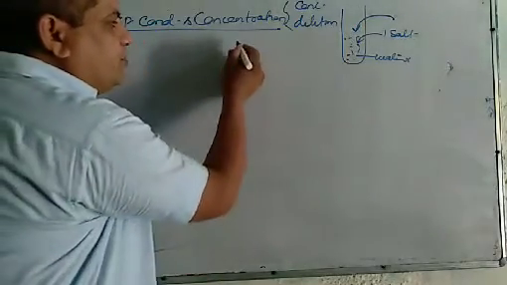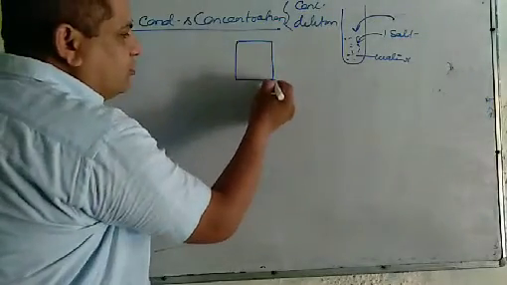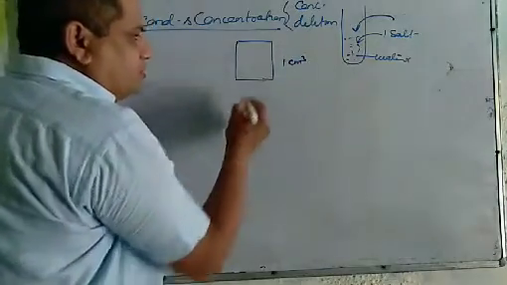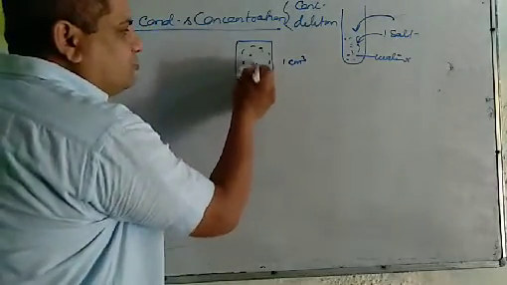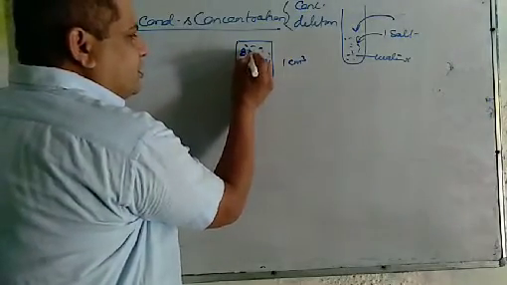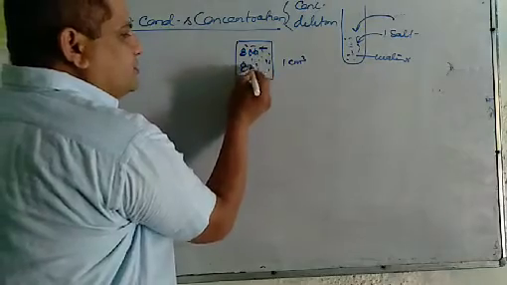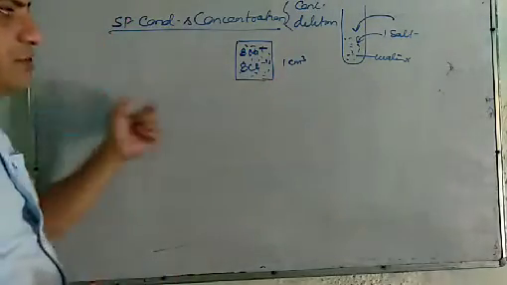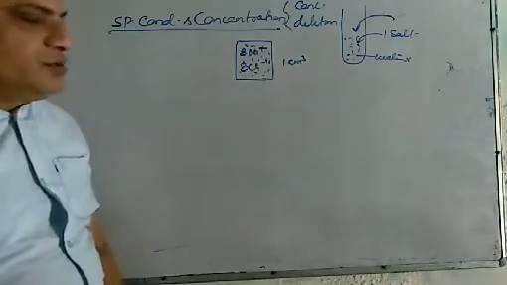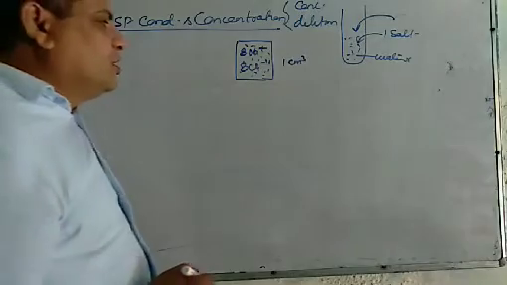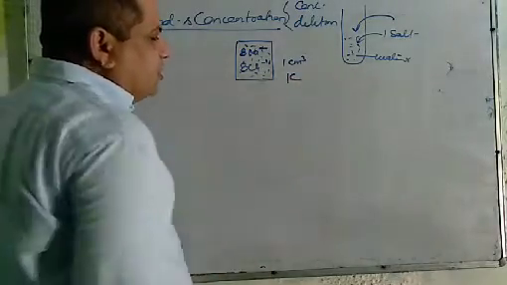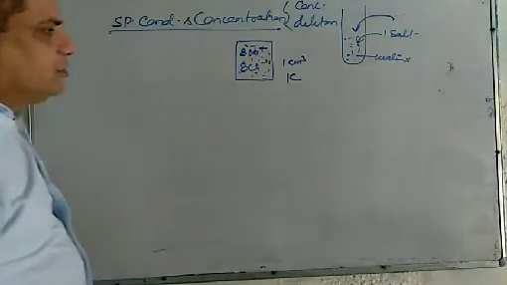To understand the topic, take 1 cubic centimeter volume of an electrolytic solution. Suppose it contains 8 NaCl, means 8 Na plus 8 Cl minus. Since the volume of this electrolytic solution is unit, so its conductance will be called specific conductivity, means kappa.